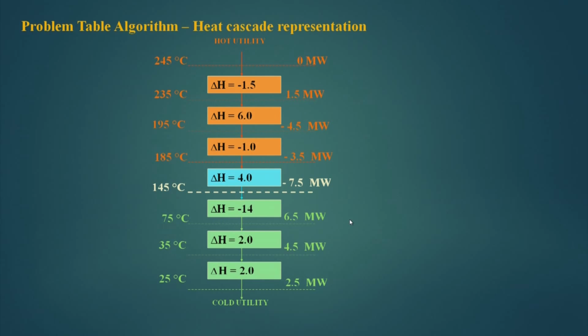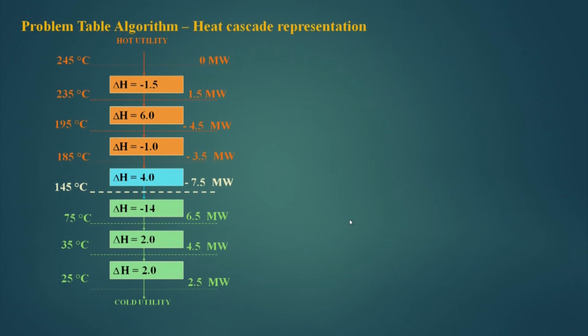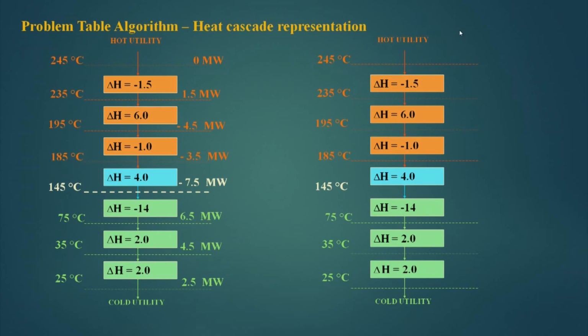So, we pass the maximum value from the top. We add 7.5 megawatt from the top level, that is the level of hot utility.